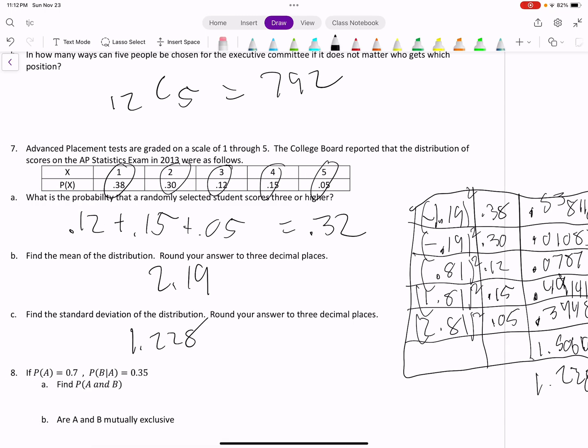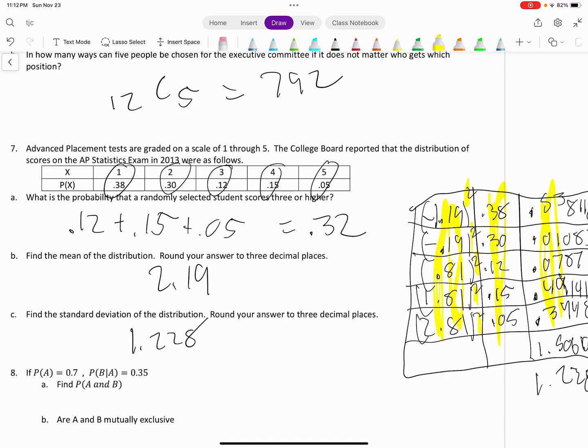Now, that's doing it by hand. So how I did it by hand again is I took individual x values, I subtracted the mean of 2.19. That gave me these values here in yellow. Then I squared those values, which is what I did here, and then multiplied by the probabilities. That then gave me this here. Then I summed it, and then I took the square root.